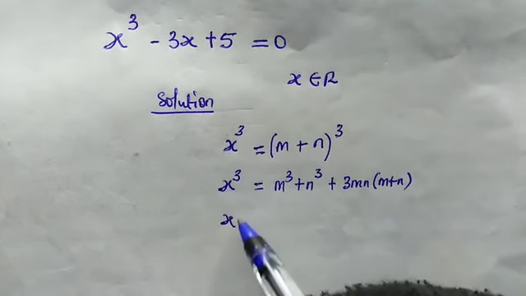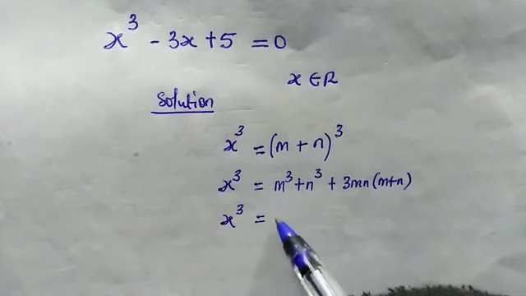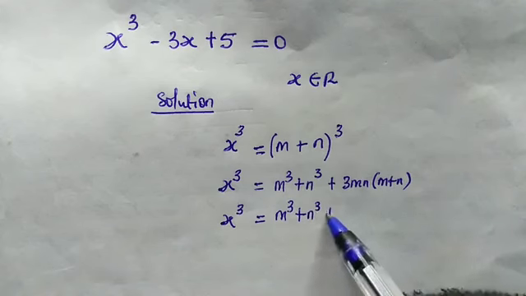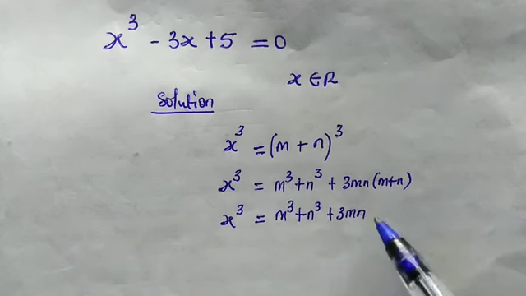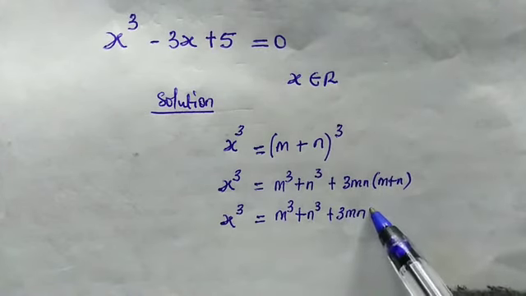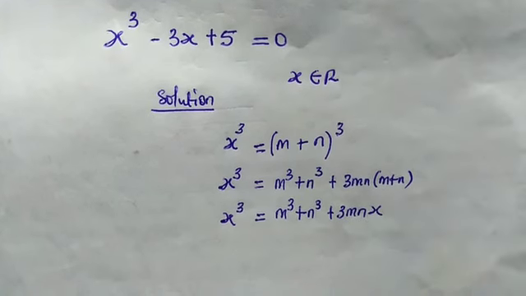From here we have x cubed equals m cubed plus n cubed plus 3mn. Remember, m plus n is equal to x. So here we have x.